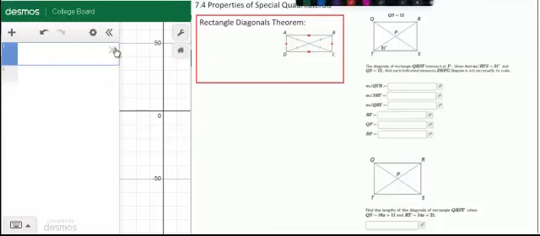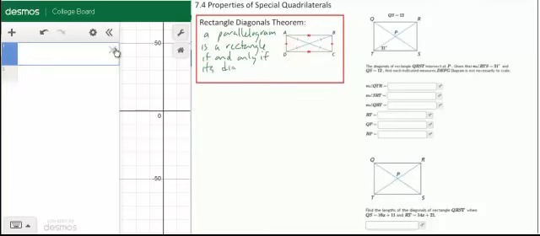And so we'll word that in the following way. A parallelogram is a rectangle if and only if its diagonals are congruent.